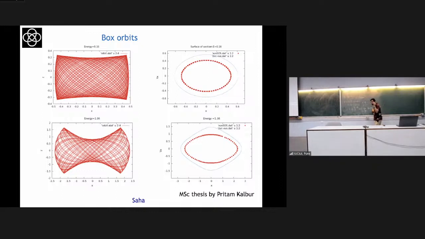L_z squared by 2 R squared, n is unity here. Right? So this is the effective potential. Essentially, what we learn is that a star in an axisymmetric potential conserves the angular momentum as it goes around the galaxy, the z component of the angular momentum, and it basically has motion in the radial direction and in the vertical direction.